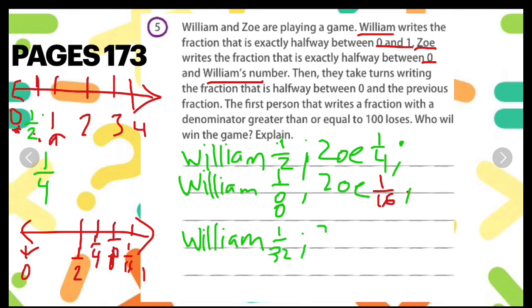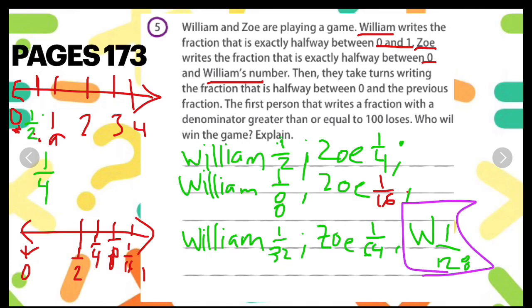And then if we continue, that means that Soy will have 1/64. And if we continue, William will have 1/128, okay? So William will write the first fraction with denominator greater than 100, if you observe it here, okay? So the person that will win the game will be Soy, okay? Soy will win the game.